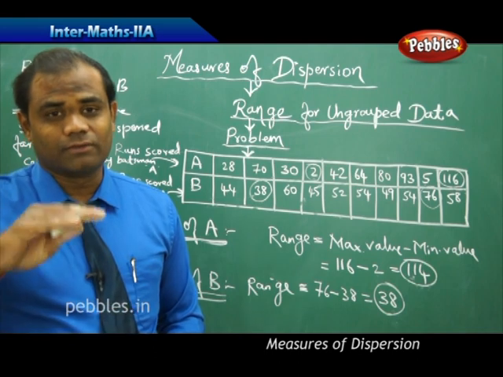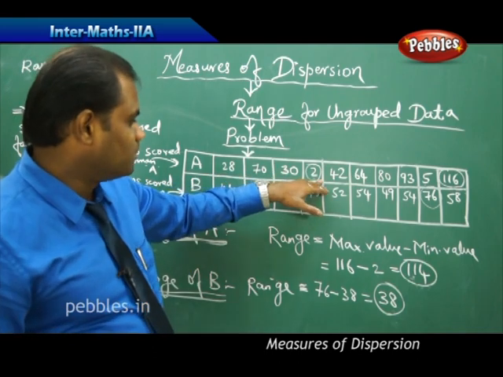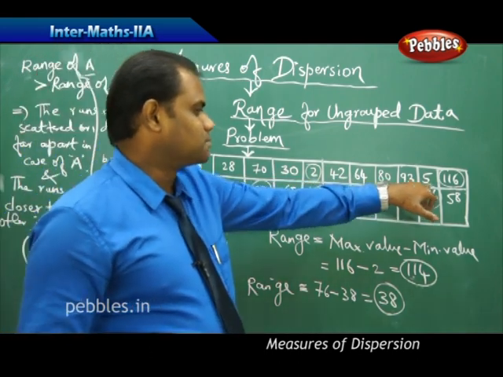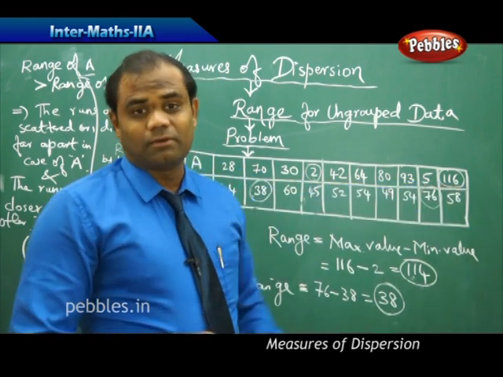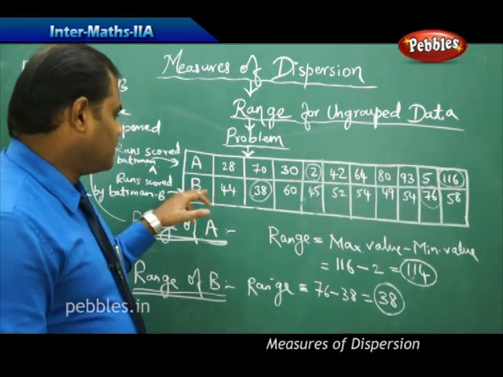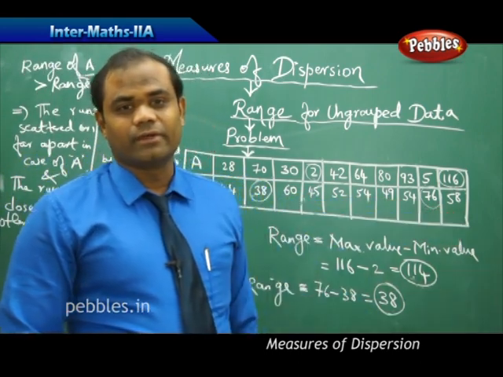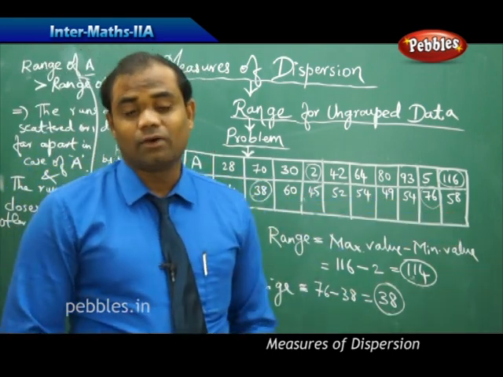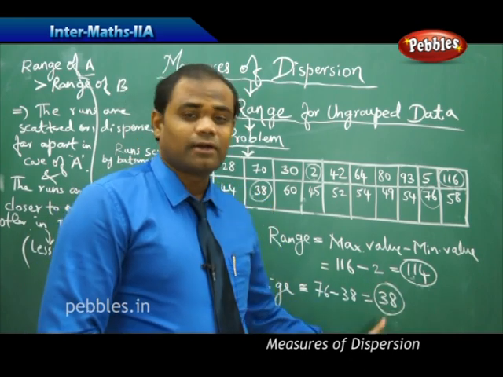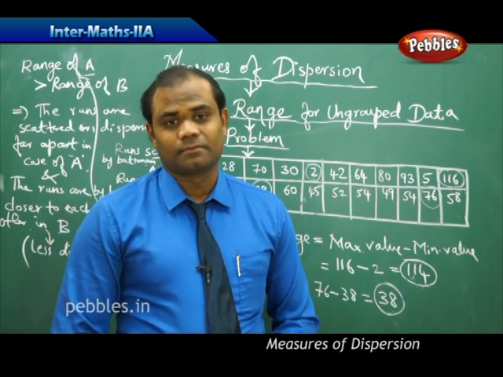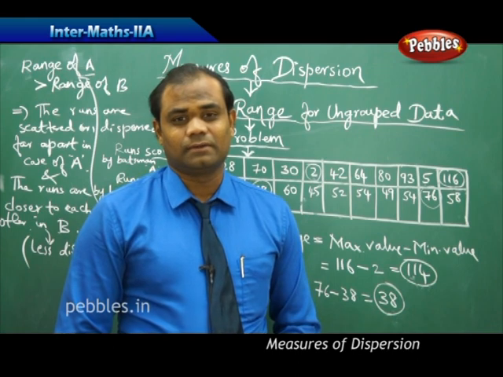He is on and off, with good performance, bad performance, very good performance. But for batsman B, the performance is consistently quite good, reasonably on average, is how we understand through finding the range for ungrouped data.